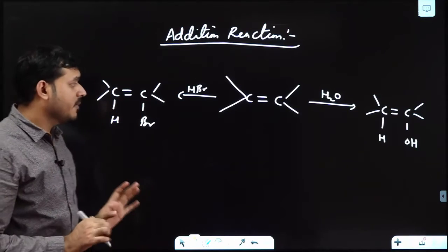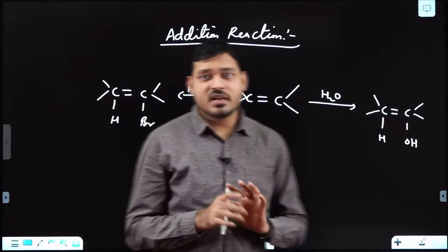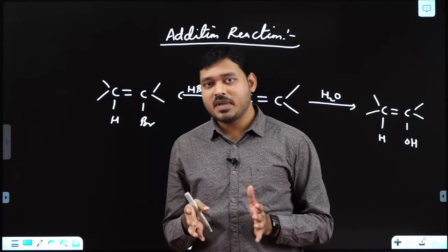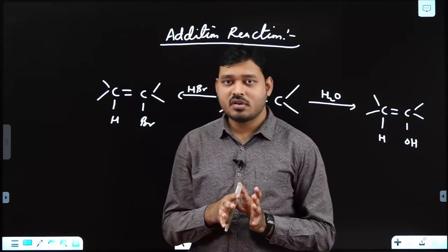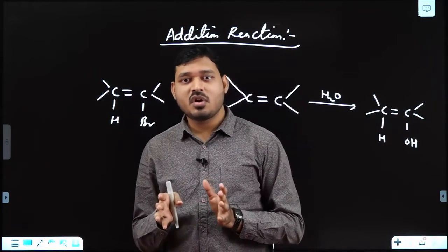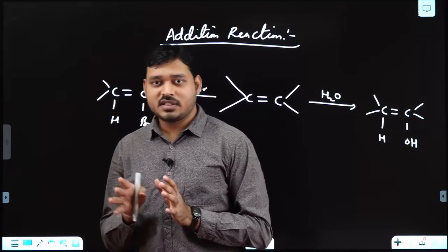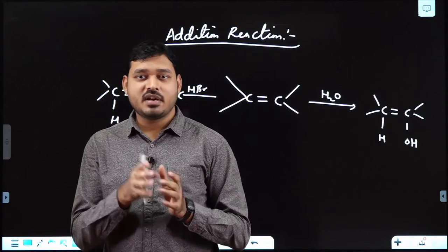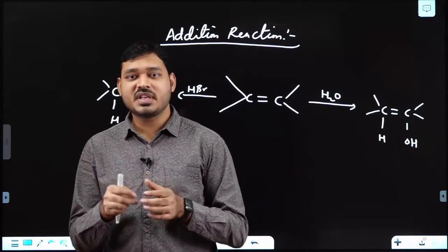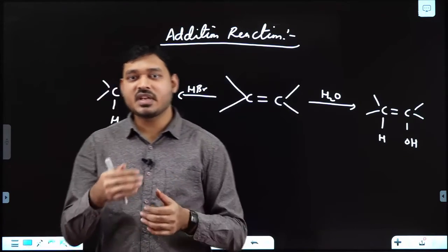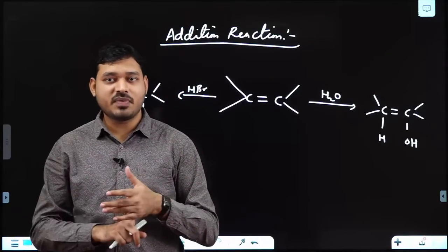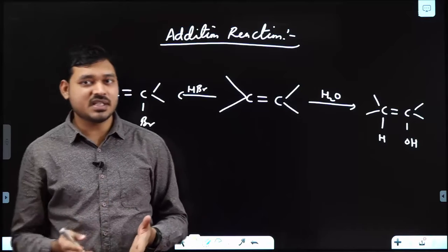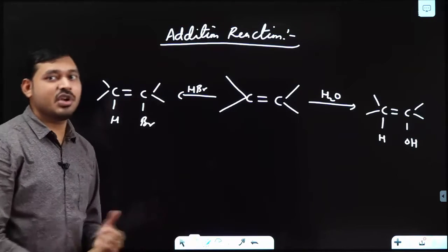Clear? Now, we need to understand this addition reaction may be electrophilic, or nucleophilic, or due to free radicals. It depends on how the reaction is initiated, by electrophile or nucleophile or free radicals. On that basis the reaction can be electrophilic or nucleophilic.